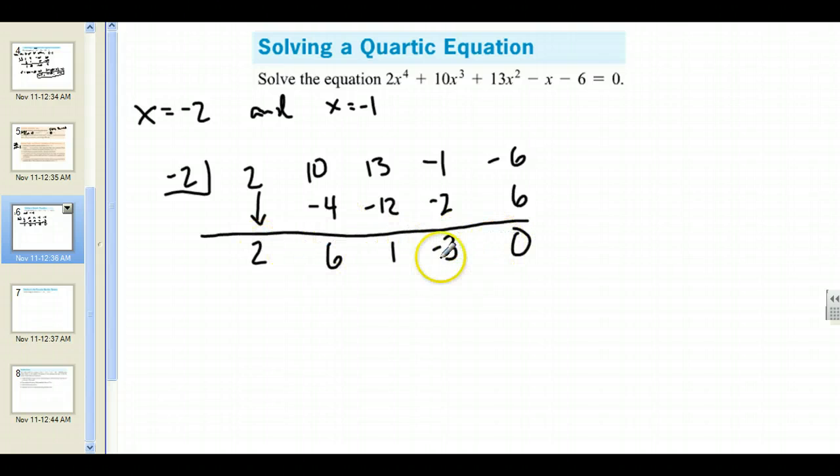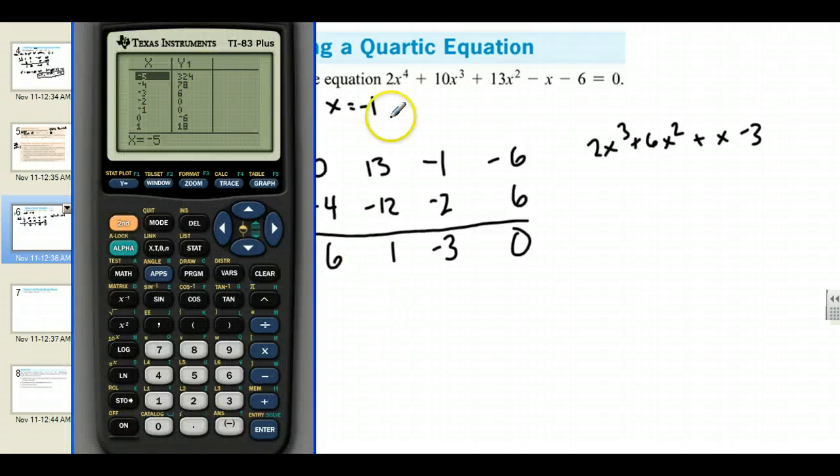Now I could write this out. So this is 2x cubed plus 6x squared plus 1x, or just x, minus 3. I could write that out and then rewrite it again down here, but because we know what another 0 is, we can just keep going with the process. You don't have to do this, but I am going to show you that this -1 that made the original equal to 0 will also make this 0.